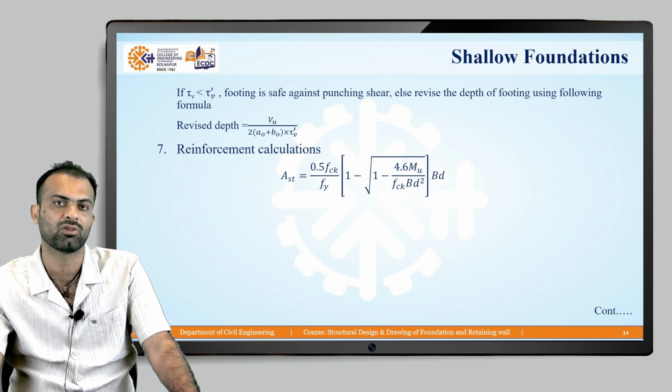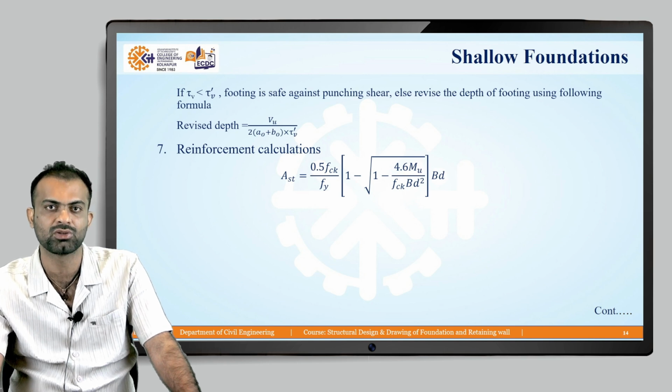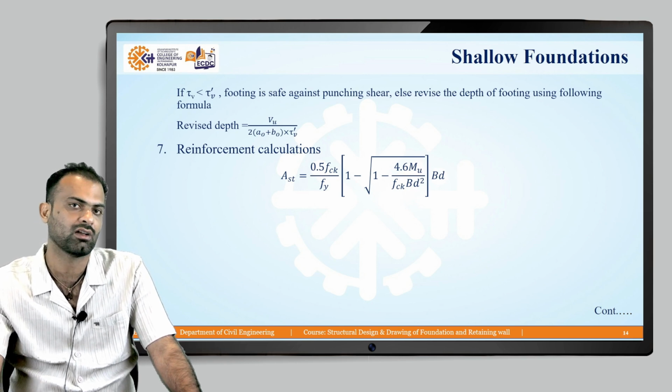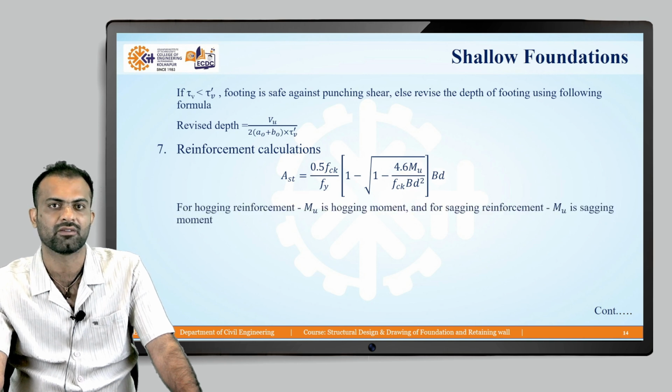In that way, we calculate different reinforcement for the different portions of the foundation. After calculating Ast, we need to decide the diameter of the rebar. For the sagging moment, as I already told you, in the detailing we place the reinforcement at the bottom fiber. For the hogging moment, we place that reinforcement at the top fiber of the foundation.